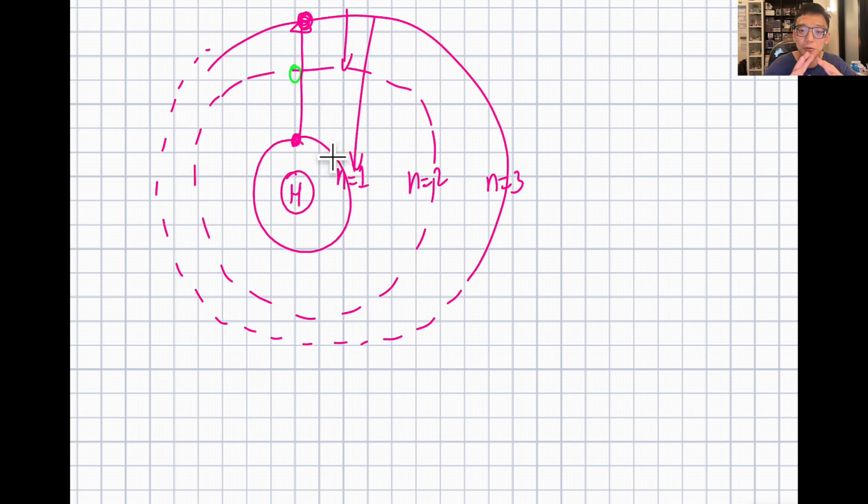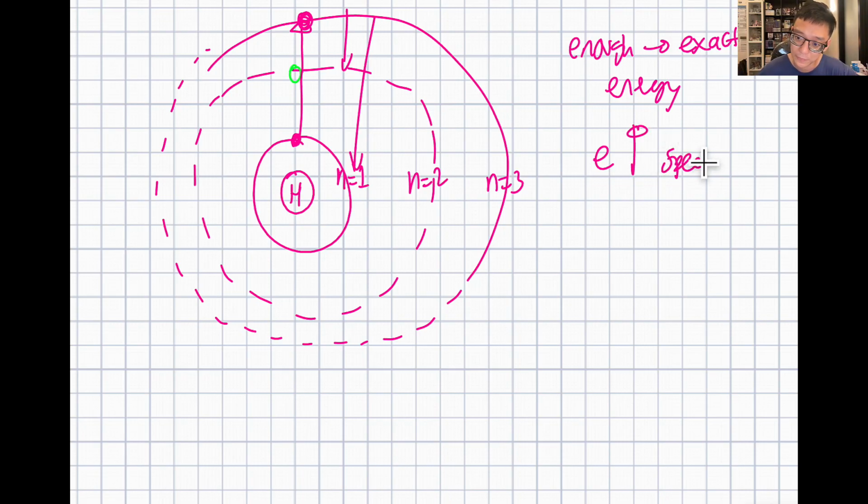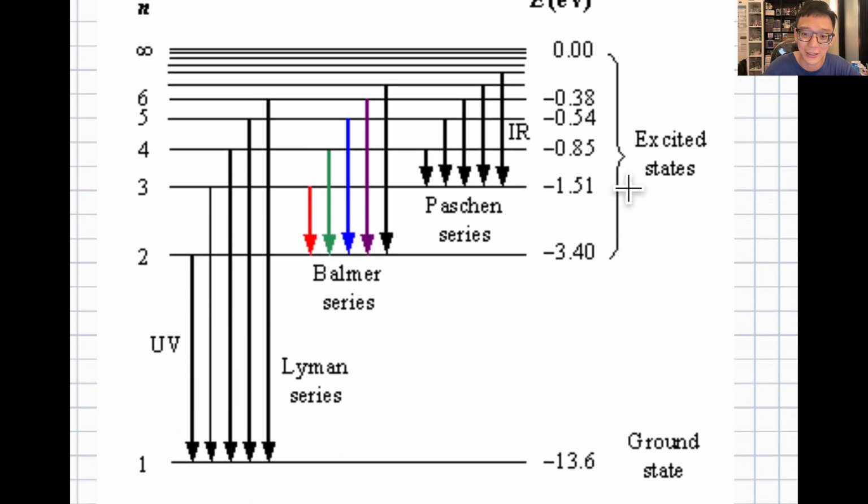Okay? So remember, given enough, or specifically exact, energy, the electron will move to a specific orbit level. But there is no guarantee that when it goes down, since it's not as stable, it will return to its original energy level or original orbit.